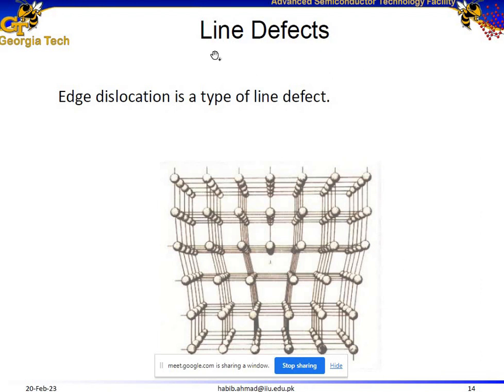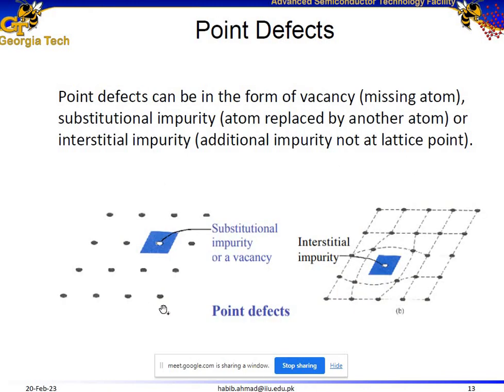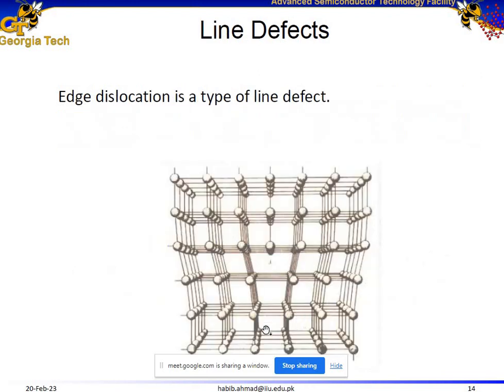Another kind of defects are called line defects. In the previous, here is a two-dimensional representation of the crystal lattice. Here we have a kind of a three-dimensional representation of the crystal lattice. So we have lines, for example, these vertical lines extending from the bottom towards the top, and what happens is you often see it in terms of growth when you are growing different materials, silicon, gallium nitride, aluminum nitride.